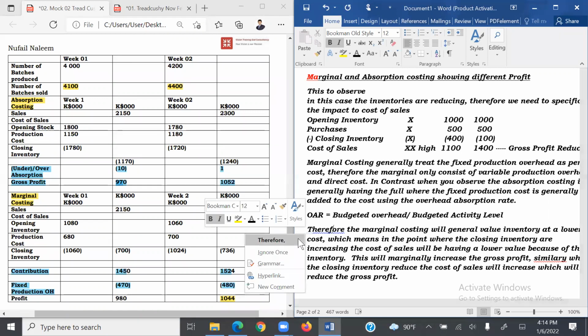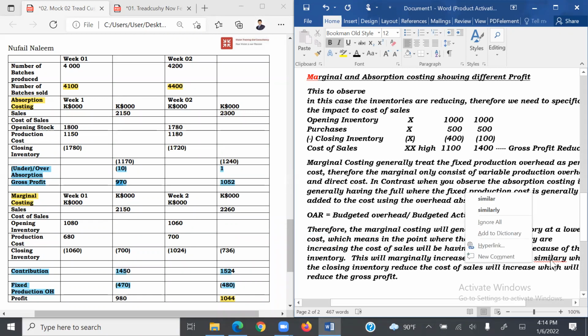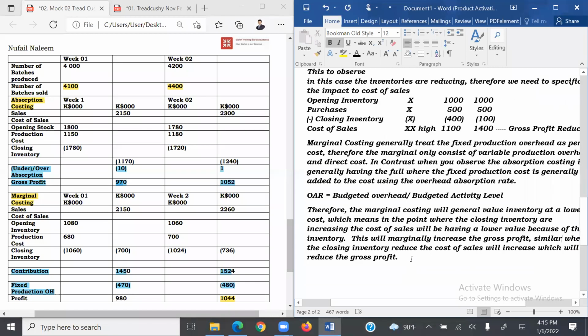I believe that application is very clearly understood by you all, because that is very important for you to get that understanding clearly. So students, that inventory valuation plays a major role. Now, if you go to absorption costing, students, the inventories are valued at high. So in the case when the inventories are going down, in absorption costing, the profit will be even more. Now, students, if you observe here, the closing stocks are 1,780.